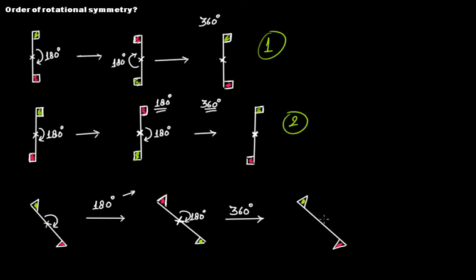Now tell me, is this figure exactly the same as this one or not? Yes, it is exactly the same. So we had a rotational symmetry at 180 degrees and at 360 degrees. Therefore, the order of rotational symmetry for this figure is 2.